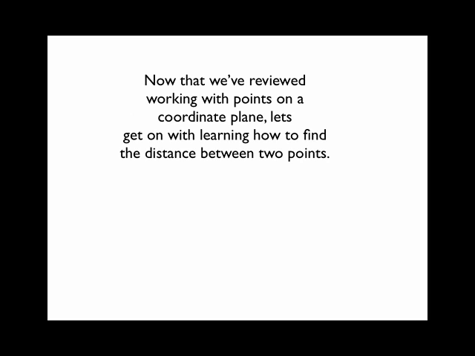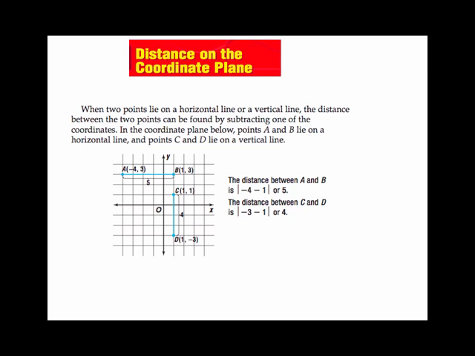Now that we've reviewed working with points on a coordinate plane, let's get on with learning how to find the distance between 2 points. Distance on the coordinate plane. When 2 points lie on a horizontal line or a vertical line, it doesn't have to be the axes, the distance between the 2 points can be found by subtracting one of the coordinates.